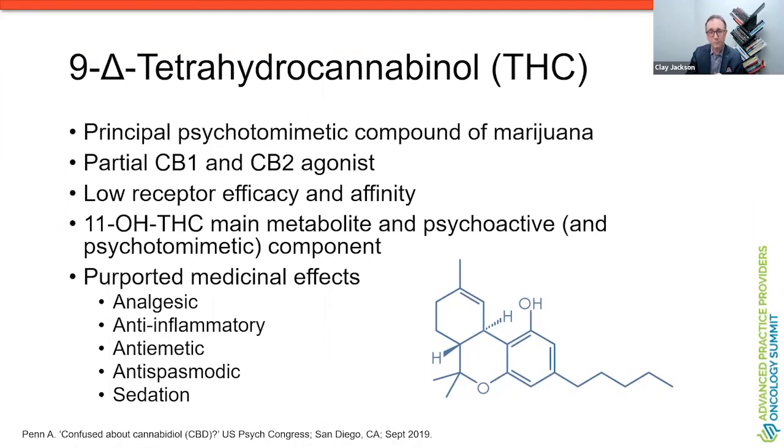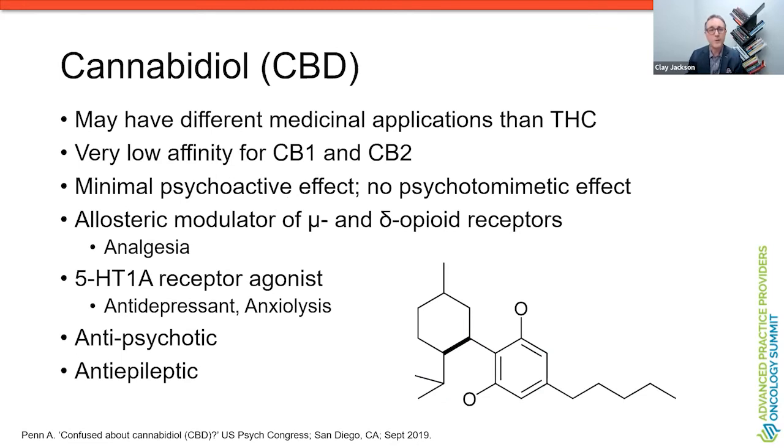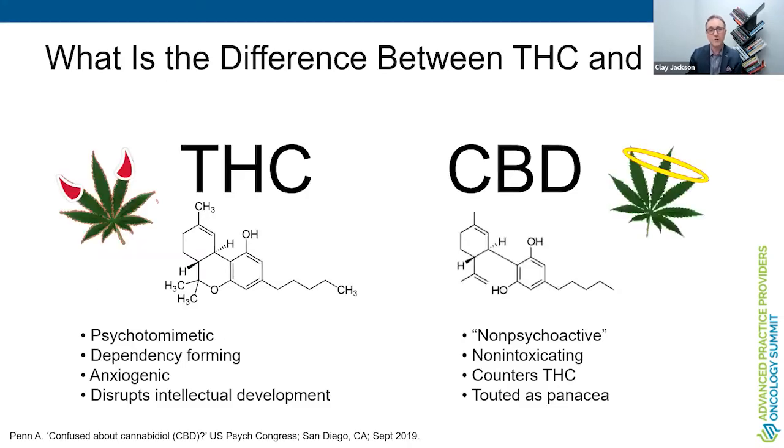Basically, it has pain properties, anti-inflammatory properties, antiemetic properties, antispasmodic properties, but it does cause sedation. And not all of these properties can be controlled clinically. CBD is antipsychotic, it's anti-epileptic, it's antidepressant, it's anxiolytic, and it does provide some analgesia. Well, THC makes you high, it's psychotomimetic. CBD is actually not non-psychoactive.